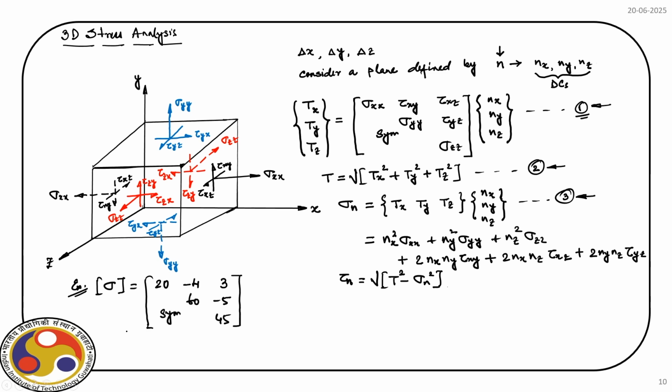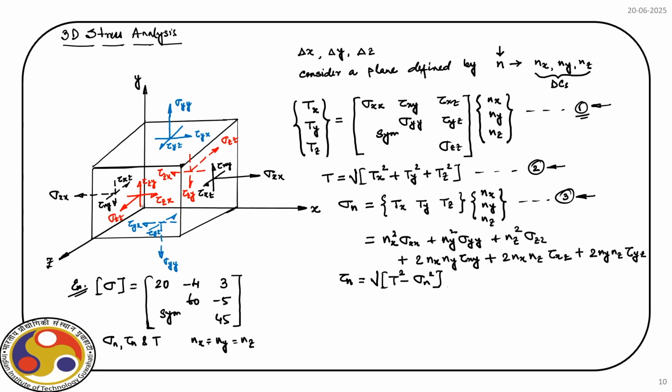I am not writing the unit of stress, it may be MPa or any other unit. Now, what we wish to find out, the stress components sigma n, tau n and T on a plane which is equally inclined with x, y, z. That means, nx is equal to ny equal to nz.